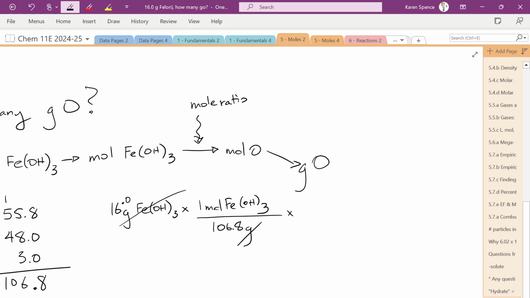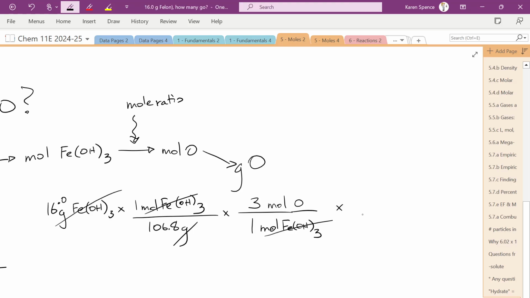And then we can use our mole ratio. We want to cancel moles of FeOH3 and find moles of O. There are 3 O's in every 1 FeOH3.